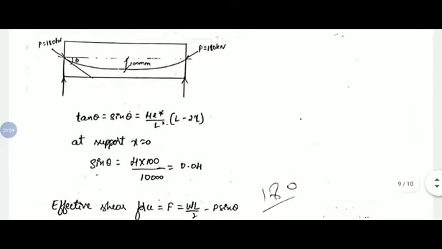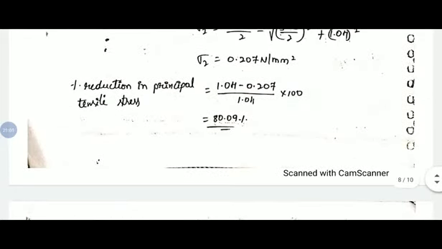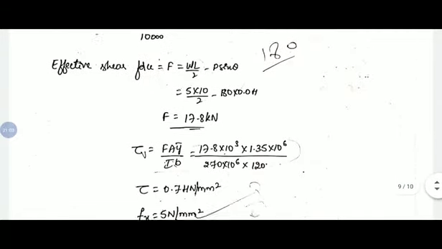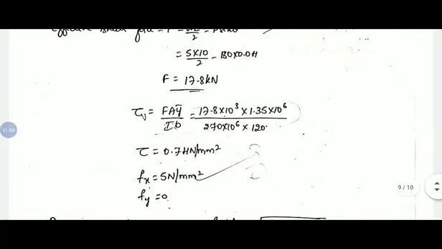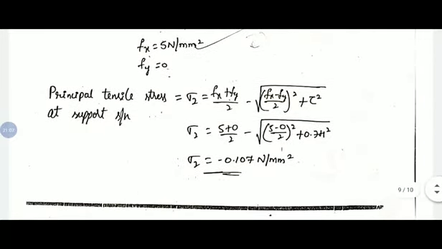So again you can observe, with straight it is 0.207, with parabola it is minus 0.107. Minus means the tensile stress is totally eliminated and you arrive at compressive stresses. So 100% of tensile stresses are eliminated here.